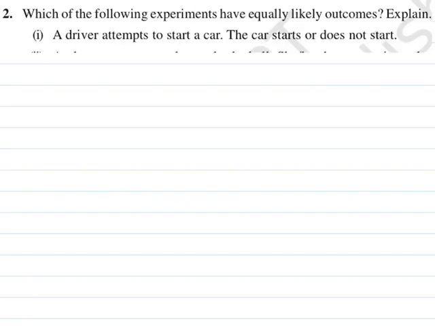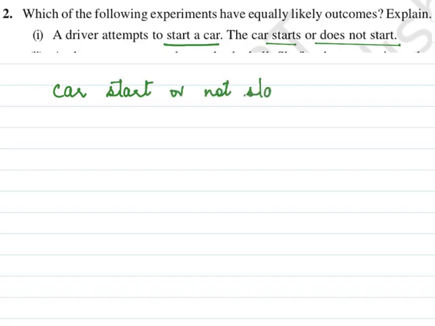Now we need to find out which of these experiments have equally likely outcomes. A driver attempts to start a car and the car starts or does not start. Now whether the car starts or not would depend on a lot of factors, like the fuel, the engine, and many others.